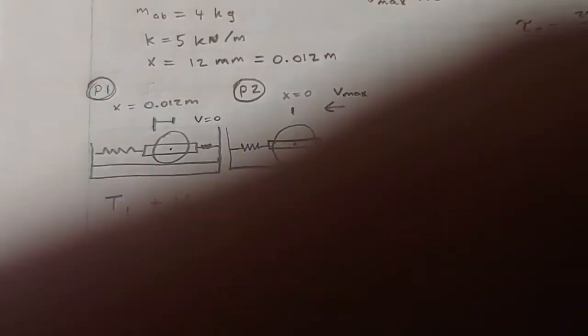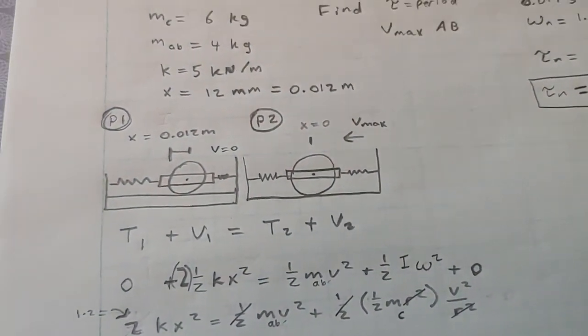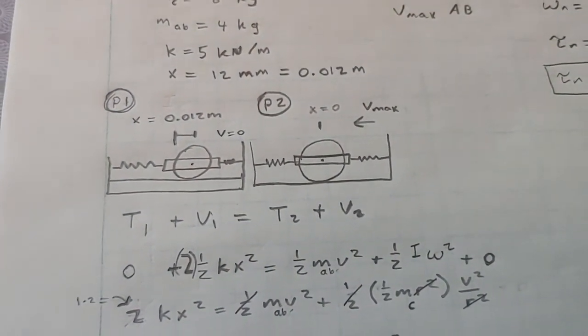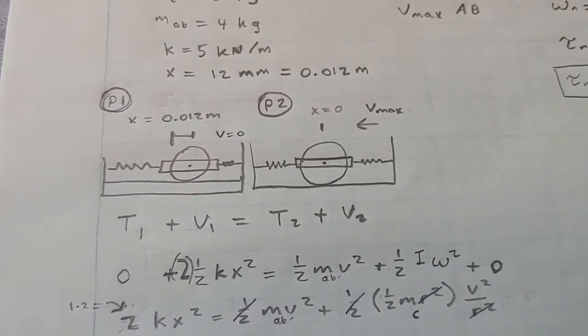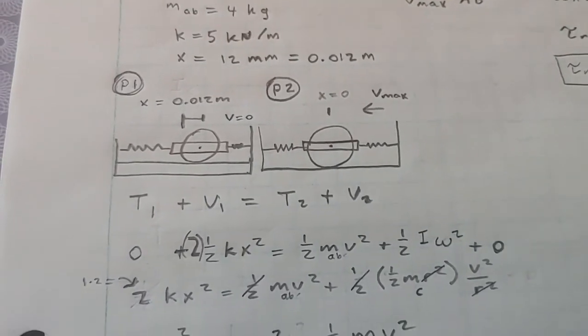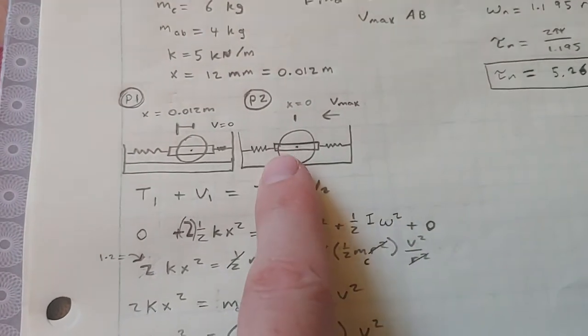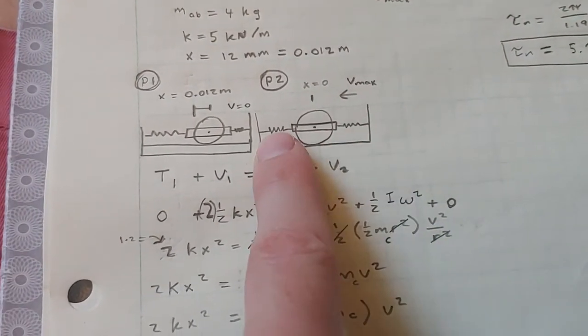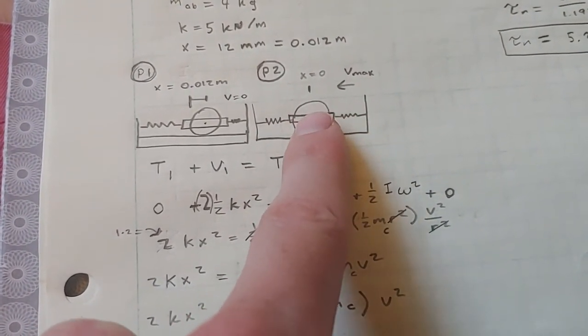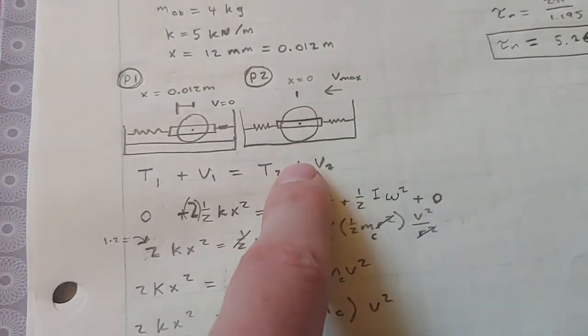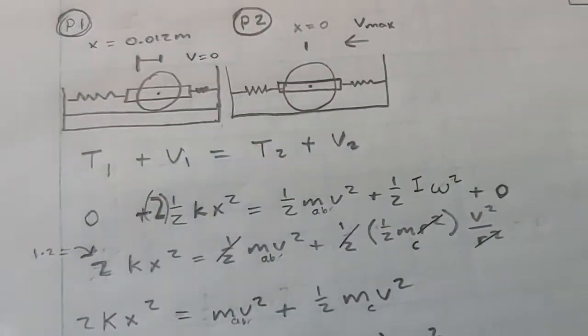The 0 is the potential elastic energy because the springs aren't stretched. They're completely relaxed in position 2, and then as it's going this way, it'll compress. But position 2 is just here in the middle.